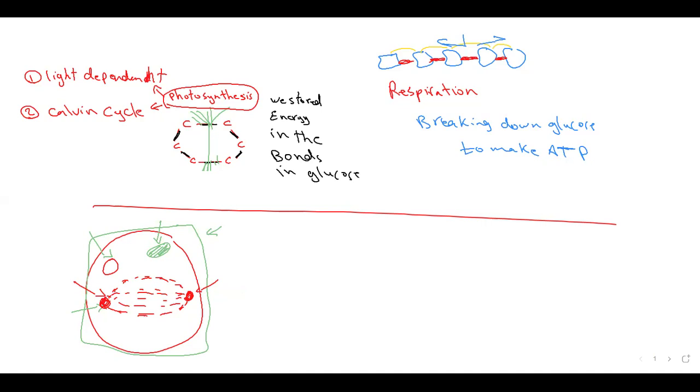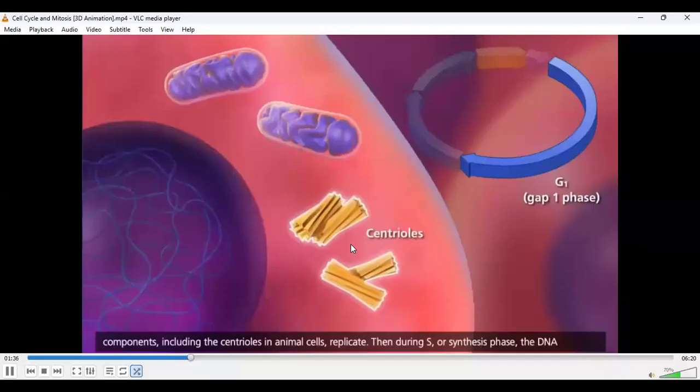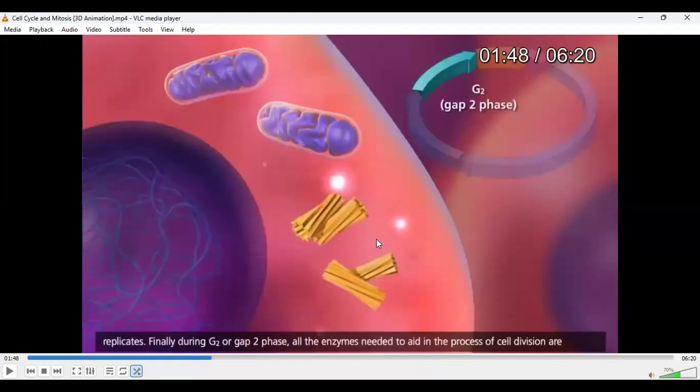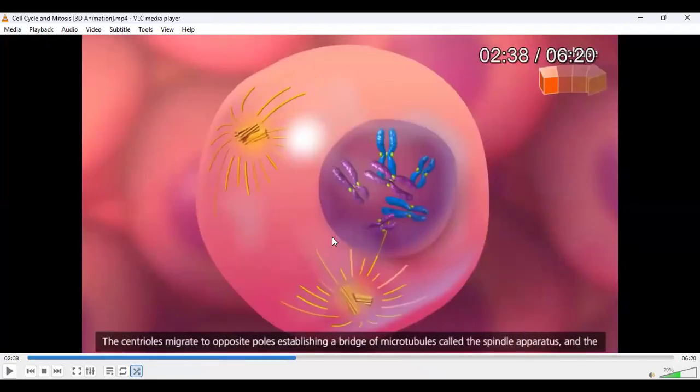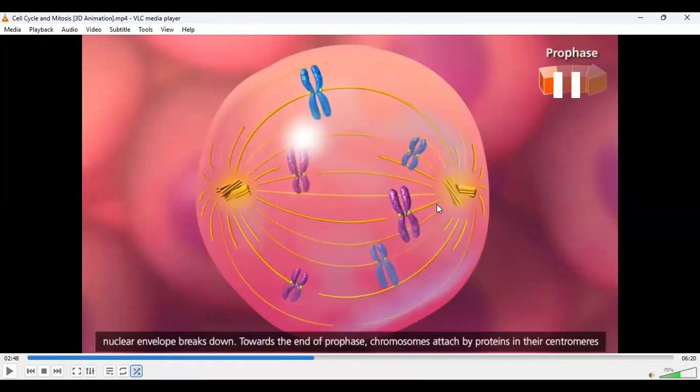Look, where is it? Here we go. See, those are the centrioles in animal cells. They produce the spindle fibers.